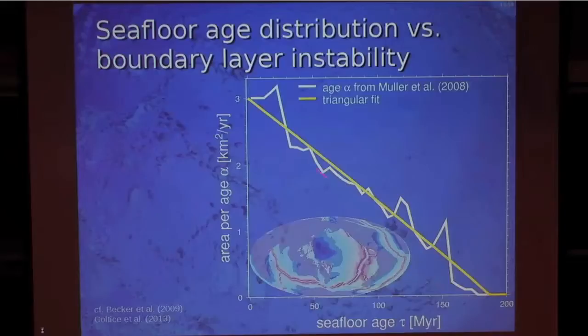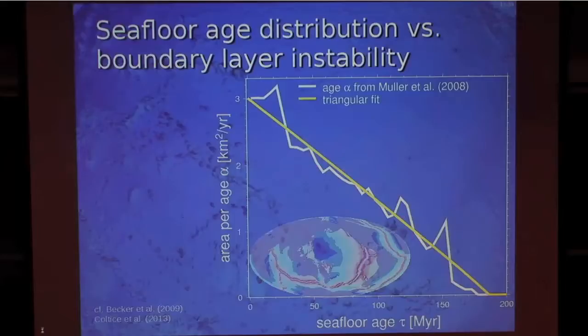And that is well known to have this very steep decay, an almost triangular distribution. If a thermal boundary layer is controlling the subduction of oceanic lithosphere, we would expect that there's a critical age when slab pull is just so large that everything gets subducted, and this distribution should look something like a box.